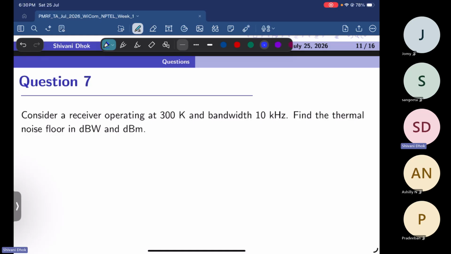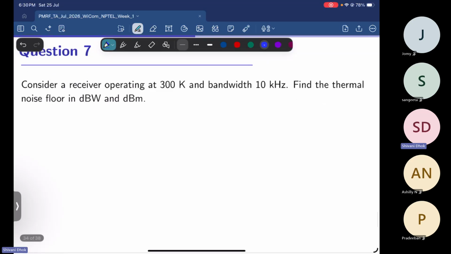This thermal noise floor has a standard formula, which is K_B times B times T. What are these 3 parameters?